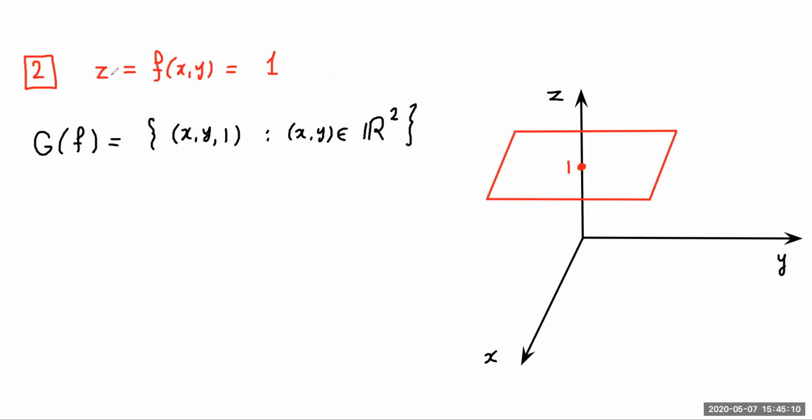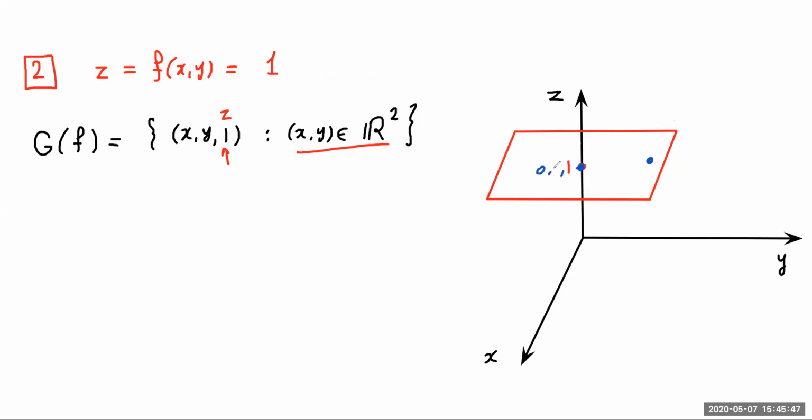Second example, the function z equals f(x, y) equals 1. So here the graph will be (x, y, 1), so here z equals 1, and (x, y) moves in R^2. So the graph of this function f will be all the points here. For example, if I take any point here, I suppose this is 1, so any point in the plane passing by the point (0, 0, 1).